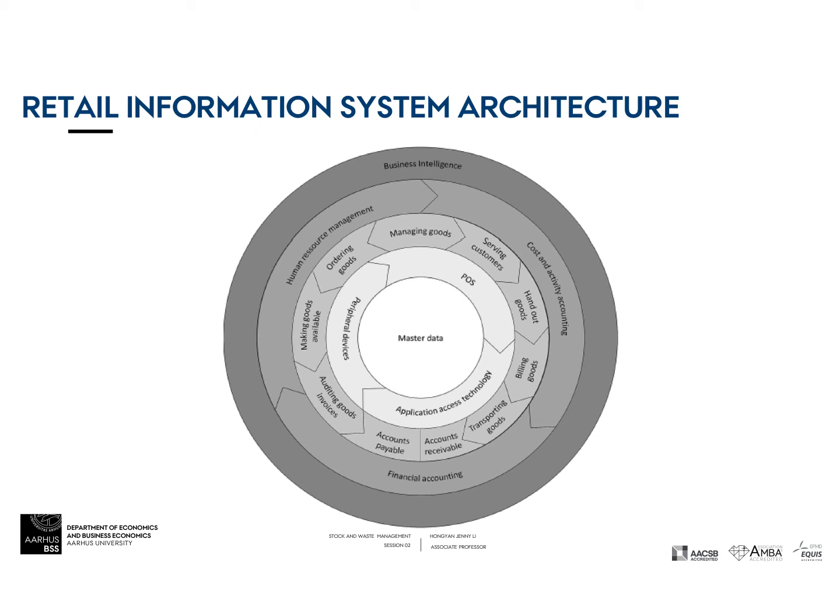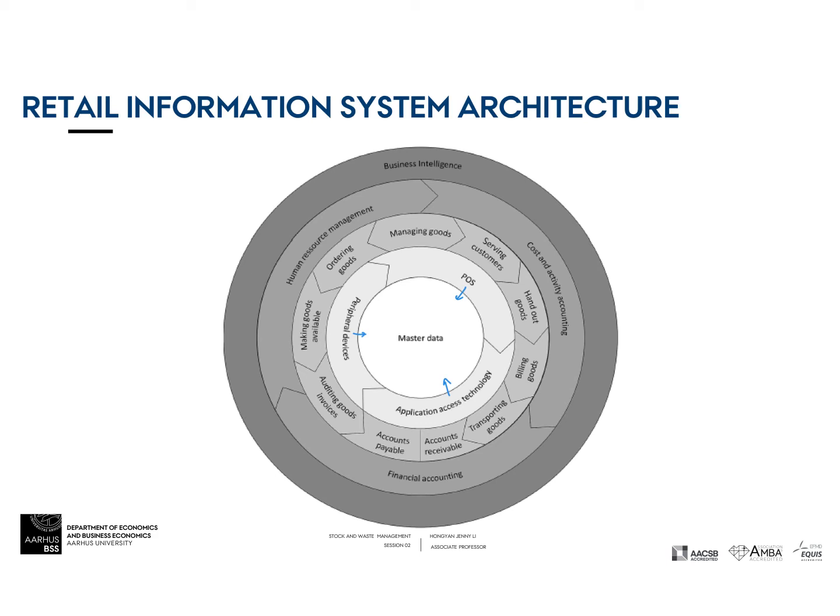And then you can see you have the POS system, POS data integrated, and then you have peripheral devices to support, and you also have the application access technologies. So you need to have data, technology and devices to support the system.